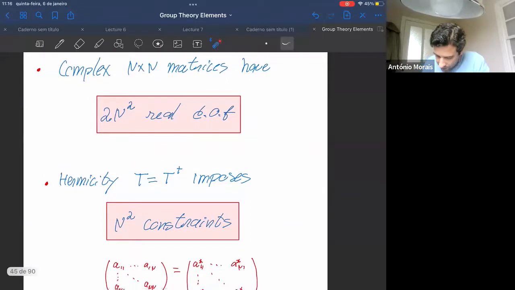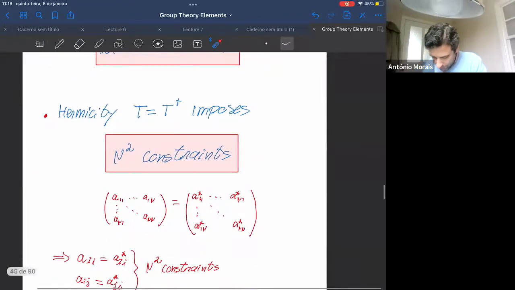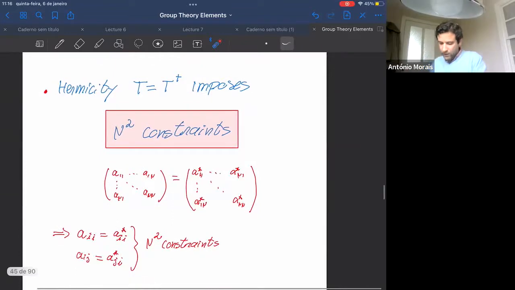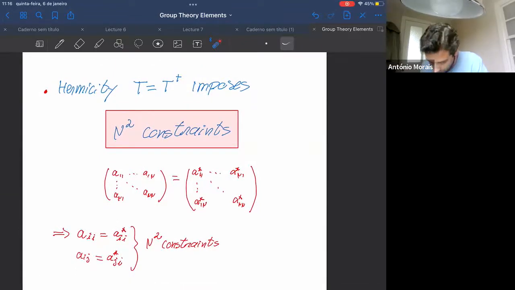So this hermiticity condition imposes n squared constraints. You can convince yourself by looking at two generic matrices. The diagonal elements have to be real, so A_ii equals A_ii star.